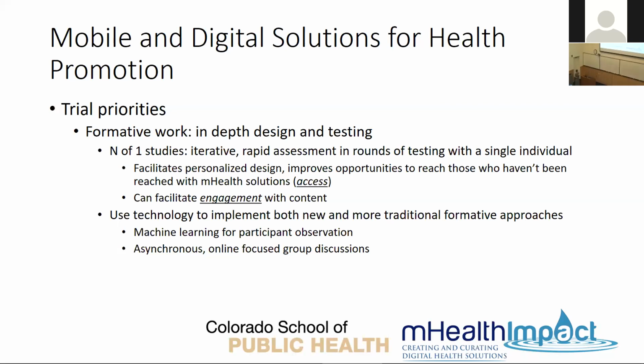And then Donna mentioned machine learning. There's been a lot of great work recently in machine learning, like scraping Twitter feeds, for example, to understand emergent patterns for flu. You can get a lot of information up front about where and how people are using technologies and what they're doing with those technologies.